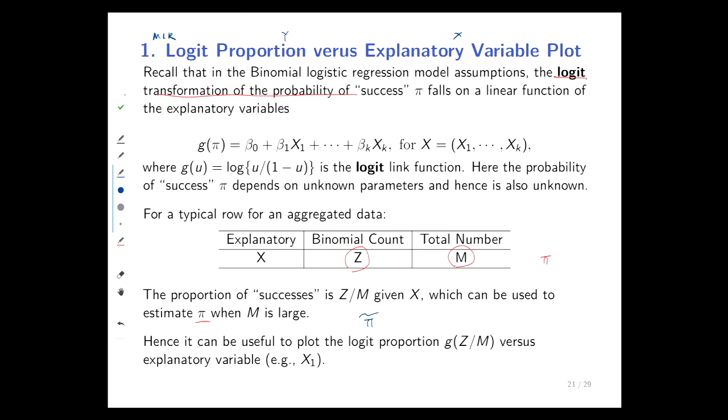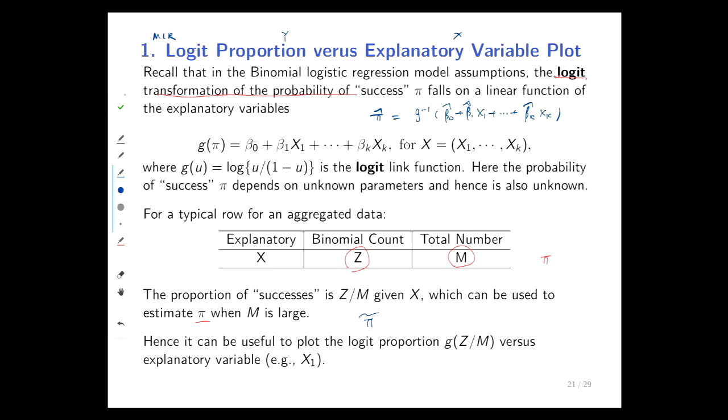It's not pi hat. The pi hat here is exactly equal to g inverse of beta 0 hat plus beta 1 hat x1 and so on, plus beta k hat xk. That's exactly from the model.